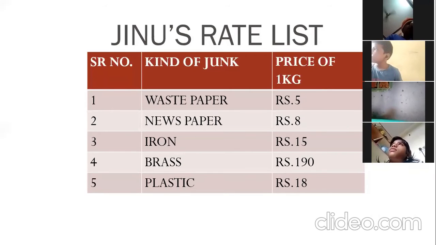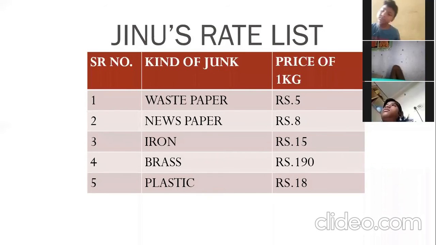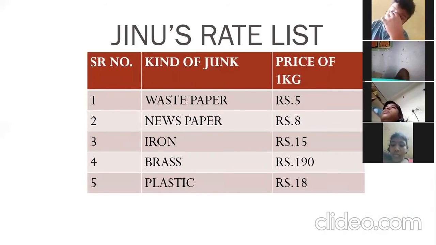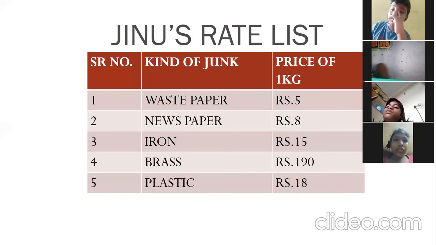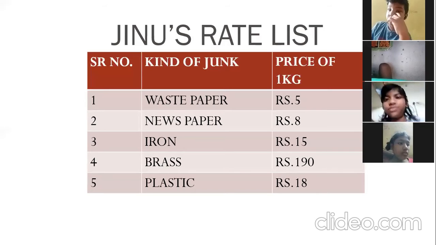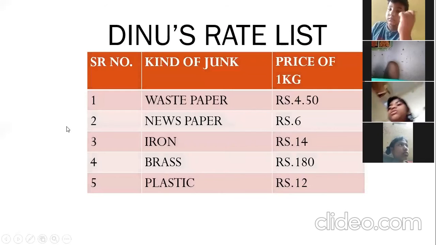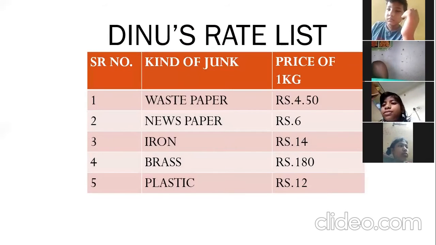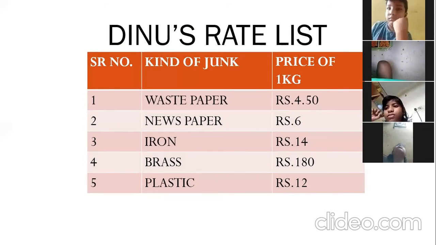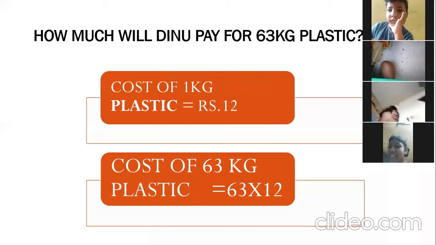Cost of 1 kg: waste paper 5 rupees, newspaper 8 rupees, iron 15 rupees, brass 190, plastic 18 rupees per kg. Dinu is another junk seller. Dinu's rate list: waste paper 4 rupees 50 paise, newspaper 6 rupees, iron 14 rupees, brass 180. Okay, this is fine. Now what are we going to do?